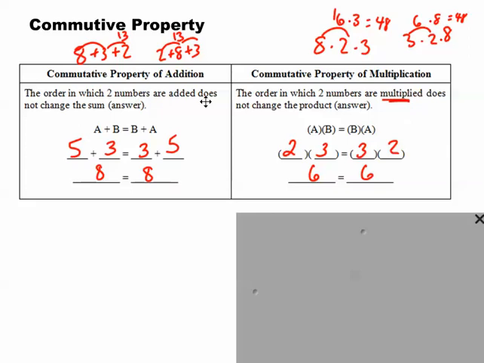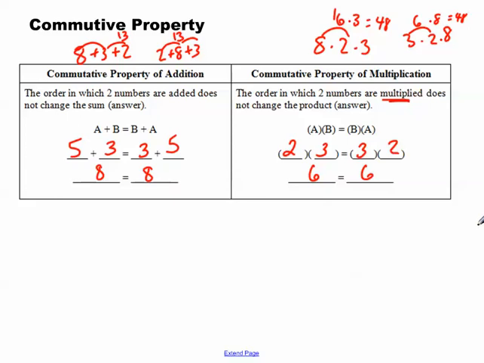Okay, so let's just combine these. The commutative property, for addition or multiplication, means that I can change the order in which I add or multiply, and it's still going to give me the same answer.